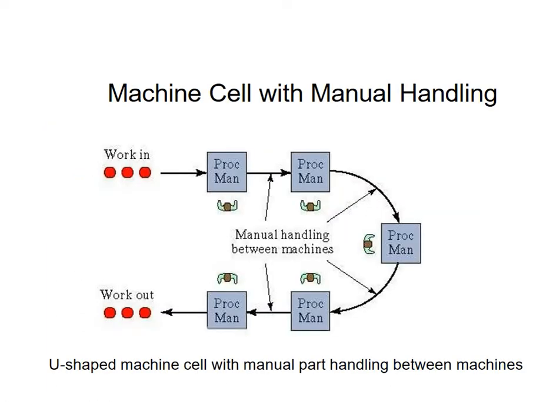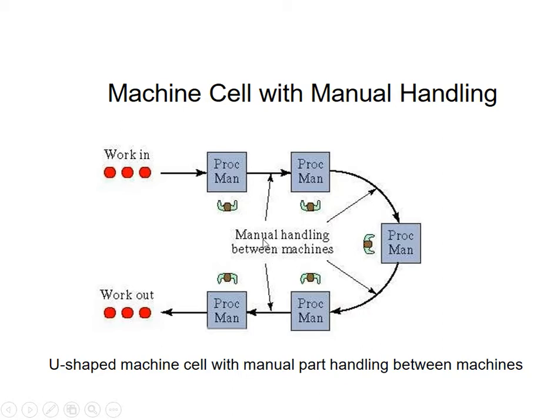Coming to the machine cell with manual handling, here you can see a U-shaped manufacturing system, or machine cell system, where the work-in is coming in at the entrance and going through the production worker working over here, and next, in sequential order, it goes from one worker to the other.